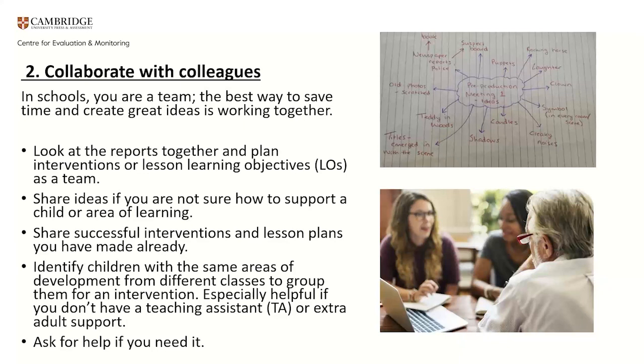It just helps you with time and collaboration. And one key thing that I think will be really helpful with this is identifying children with the same areas of development from different classes. By this, I mean that if you have one pupil, let's say from year 3, 2 from year 4, and maybe 1 from year 5, if they all have the same area they need to develop that's been highlighted by the reports, I would really recommend that you then maybe have a TA or an extra adult support take those children out of class and do that intervention all at a time that's good, and then work together to do that.